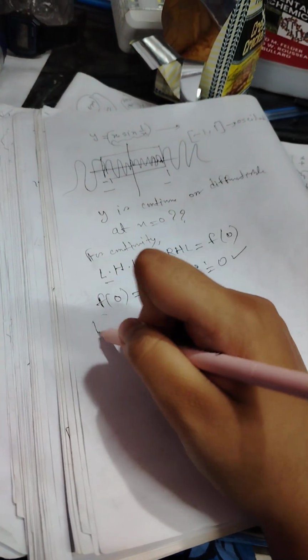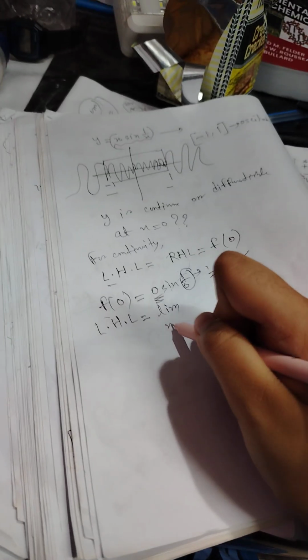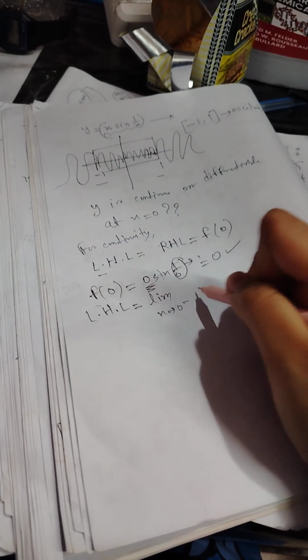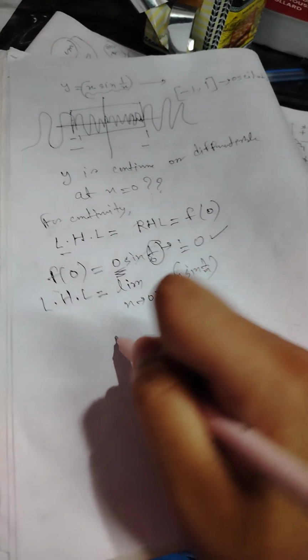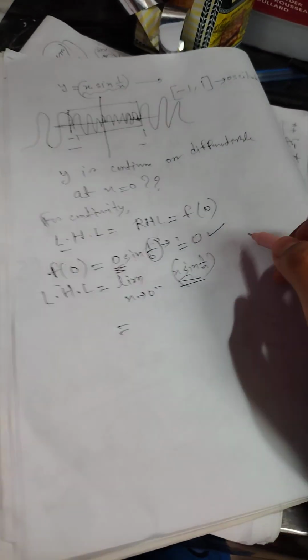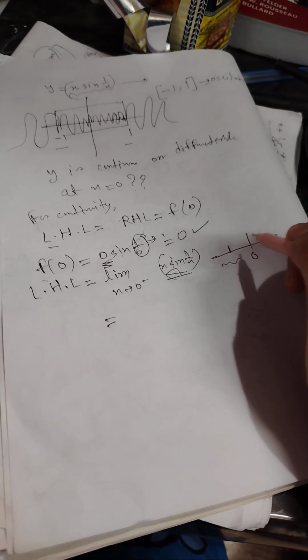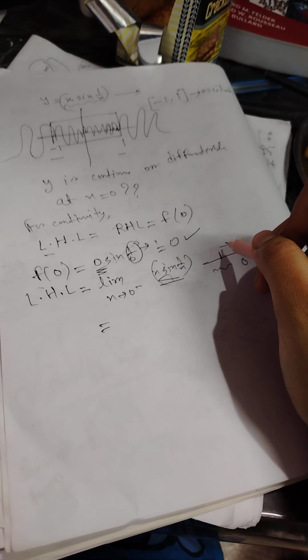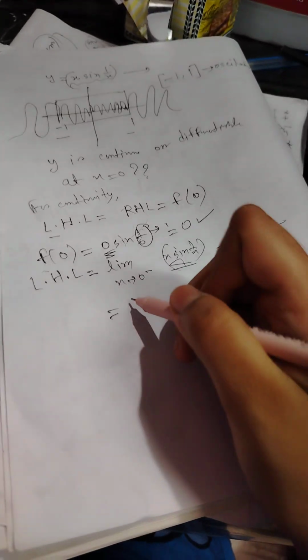Then, when I do the left hand limit, we have the limit as x tends to 0 minus of x sine 1 by x. Since x is less than 0 but extremely close to 0, let's consider it 0 minus h.